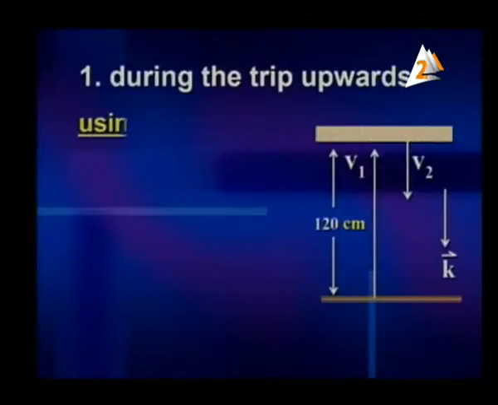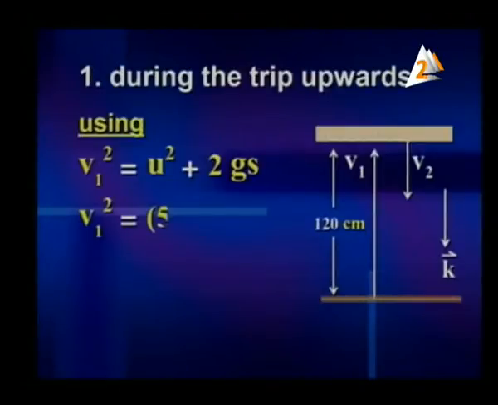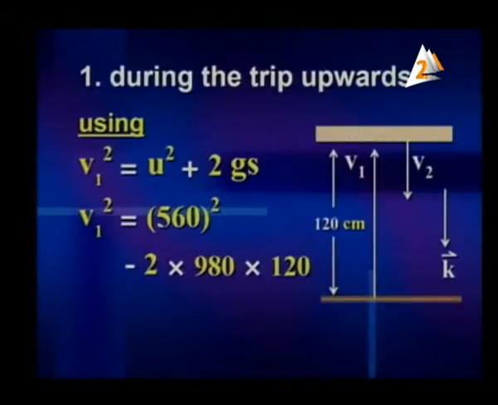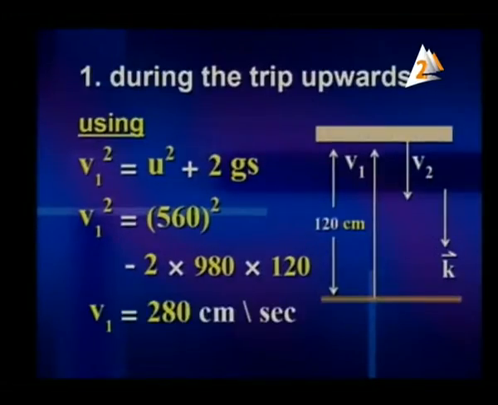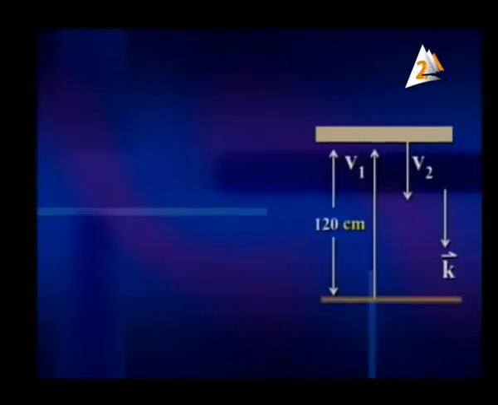During the trip upwards, using v1 squared equals u squared plus 2gs, we get v1 squared equals 560 all squared minus 2 times 980, which is g, times s equals 120. After simplifying this expression, we get v1 equals 280 centimeter per second.